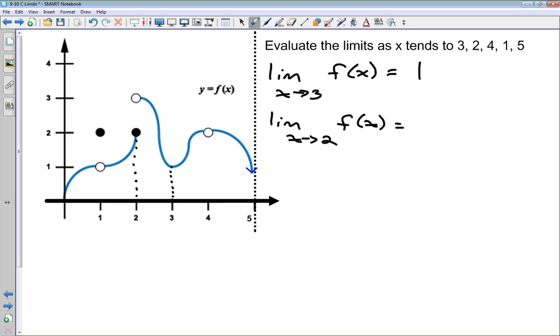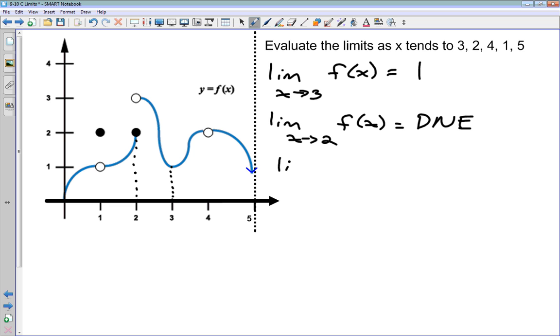What do you think, Carnegie? From the left it goes to 2, and from the right, what is it tending towards? Is it tending towards 2 from the right? It's tending towards 3 from the right. So if it's approaching one number from one direction and a different number from another direction, what do we say about our limit? Does not exist. Beautiful.